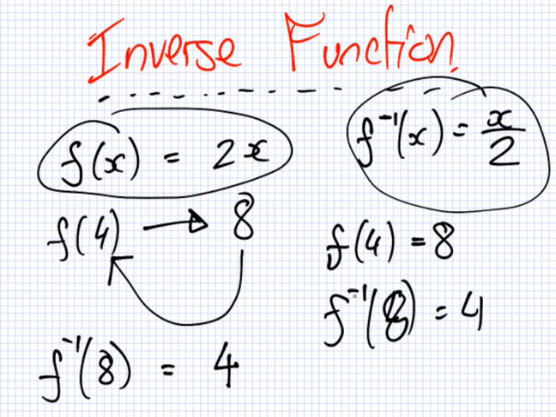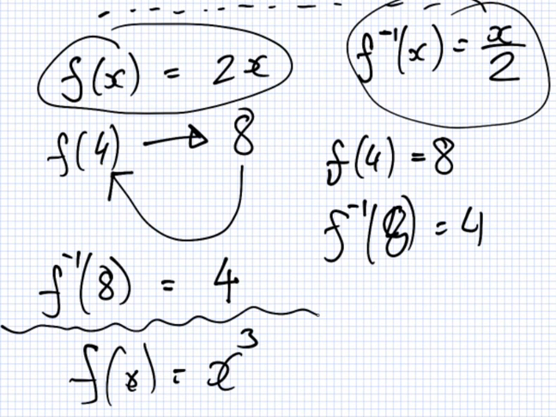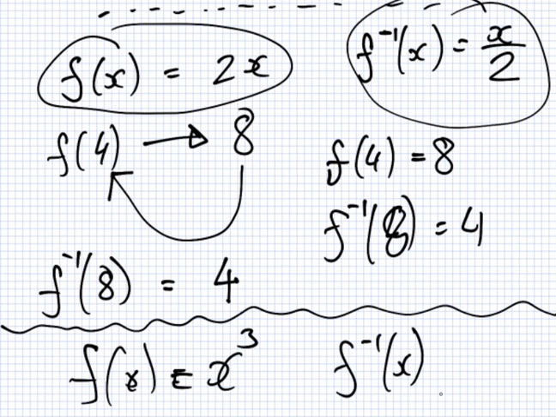So if I calculate f of 4 using this formula, I get 8. And if I calculate f inverse, that's the name of this function, of 8 using this formula, I get 4. So this symbol here with the little minus 1, we call that the inverse function. It's the function you need to do the reverse of the f.